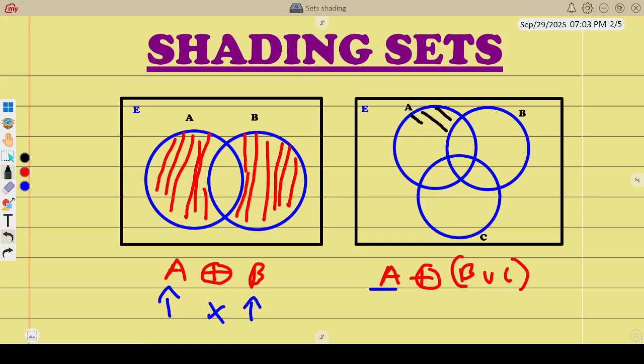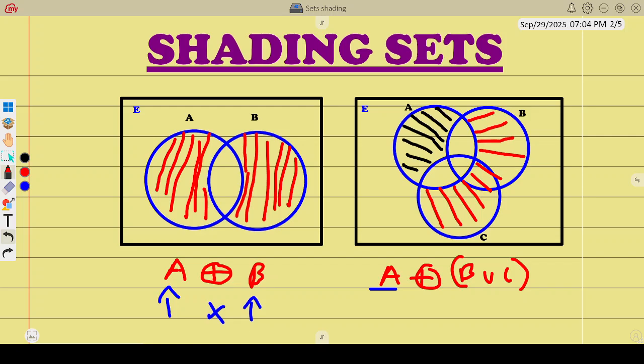So you shade the things in A, except the intersection, and then B union C, let me just show you. B union C is everything in here and everything in there. But we do not shade the intersection, meaning you shade here is our C, and then we even shade our B.